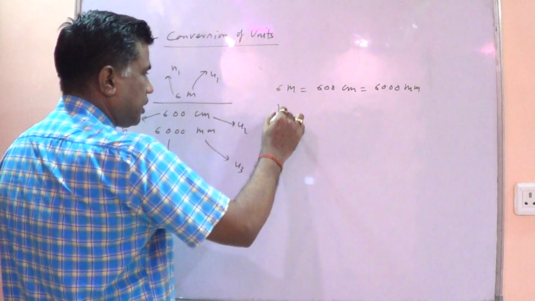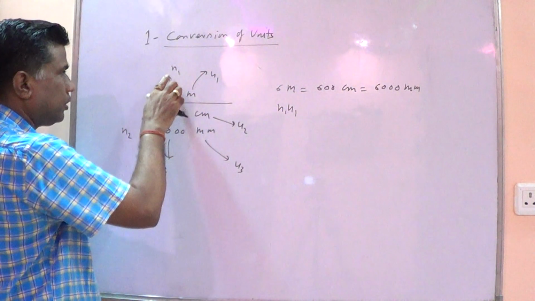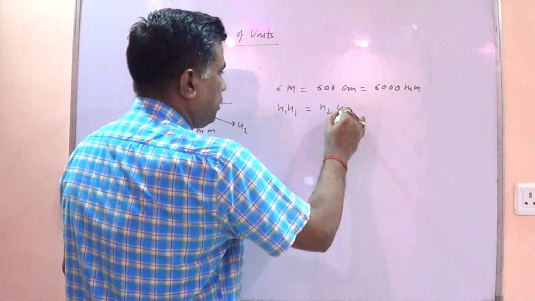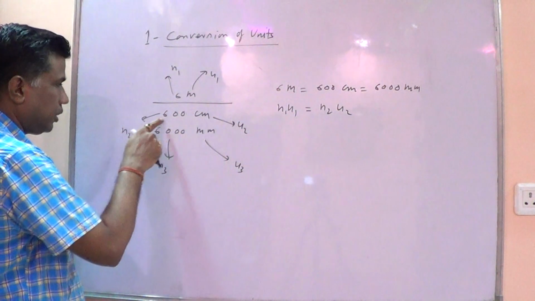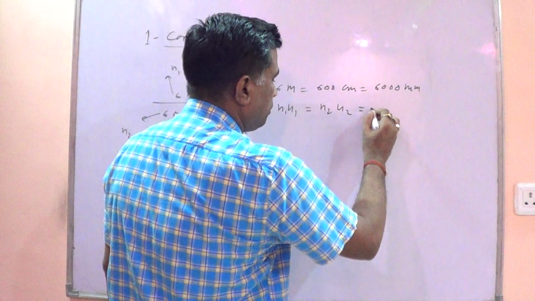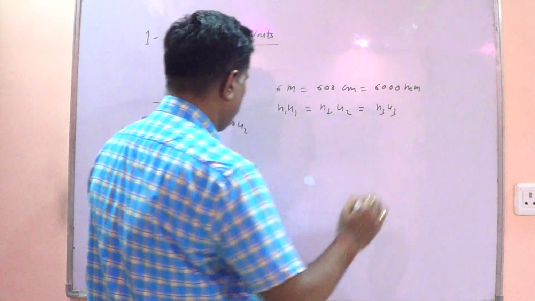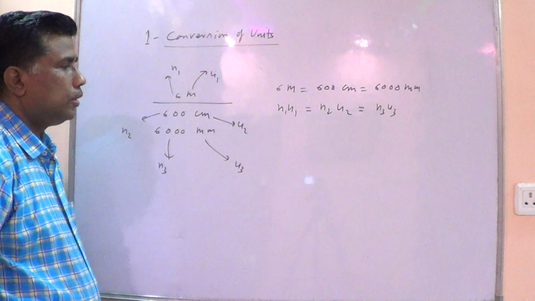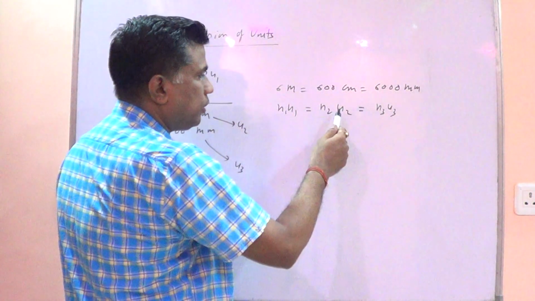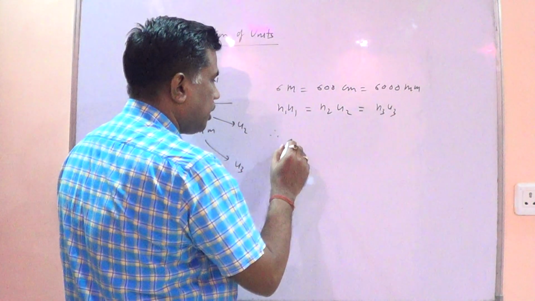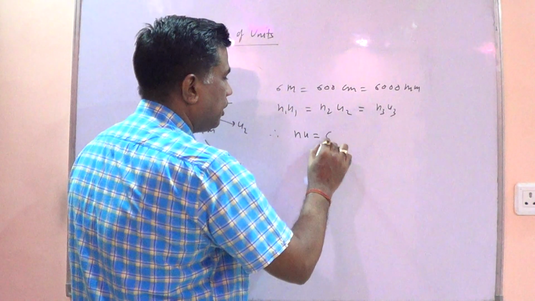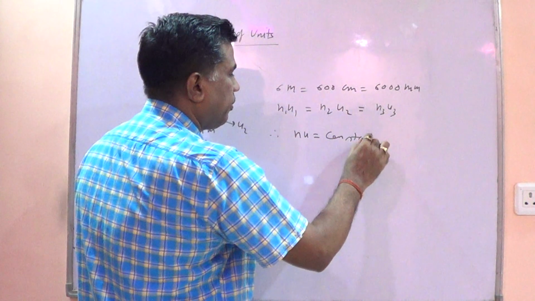So we can write n1 u1, where 6 is n1 and meter is u1, is equal to n2 u2, where 600 is n2 and centimeter is u2, is equal to n3 u3. So we can say for a given physical quantity n1 u1 equal to n2 u2 equal to n3 u3. It means one can say the numerical value into unit is constant for a given physical quantity.